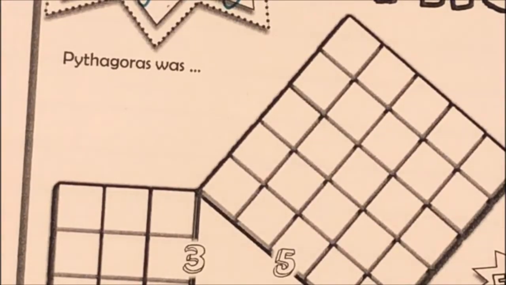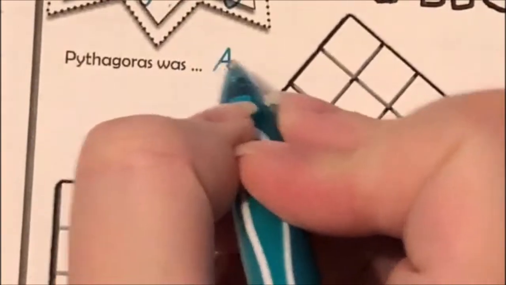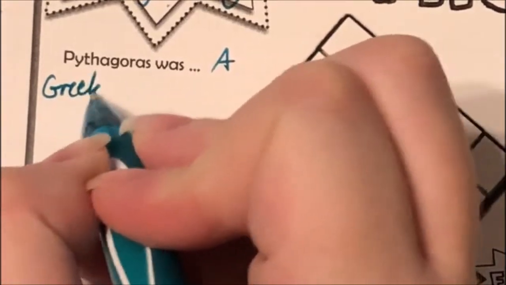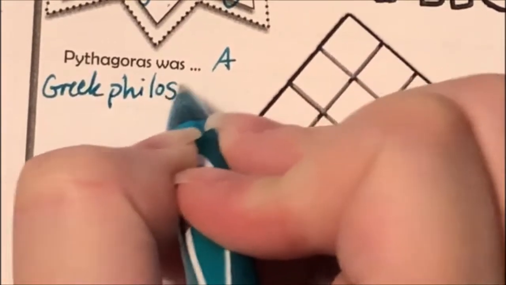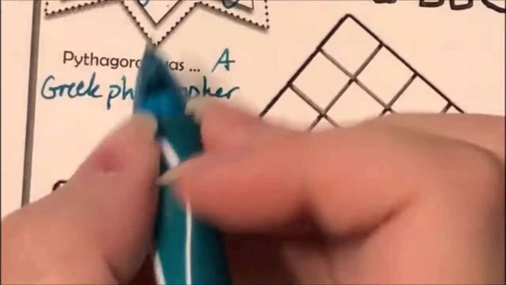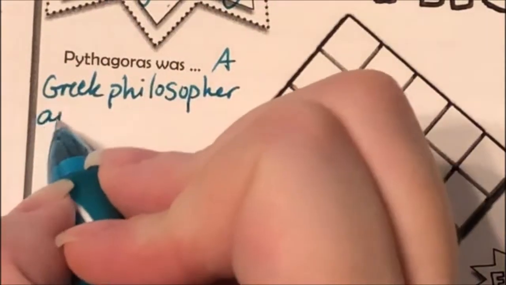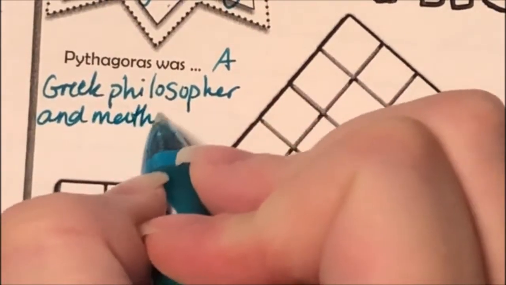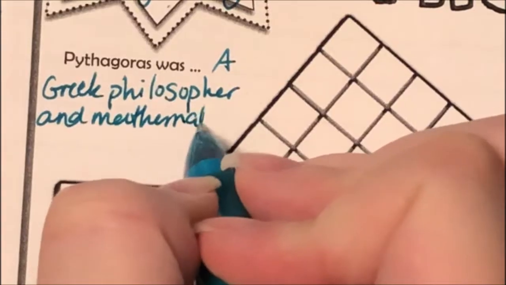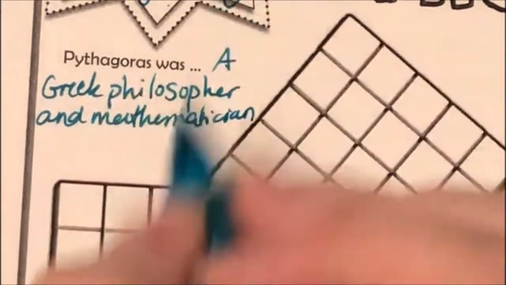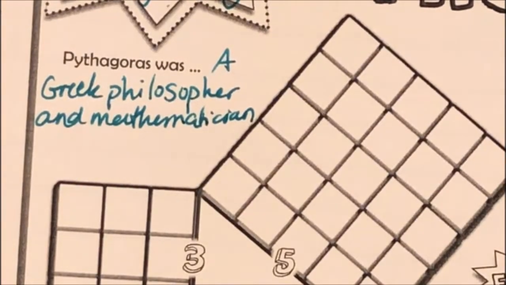So Pythagoras was a Greek philosopher and mathematician. Okay, and he is famous for the Pythagorean theorem, among some other things, but that's what his big thing is.